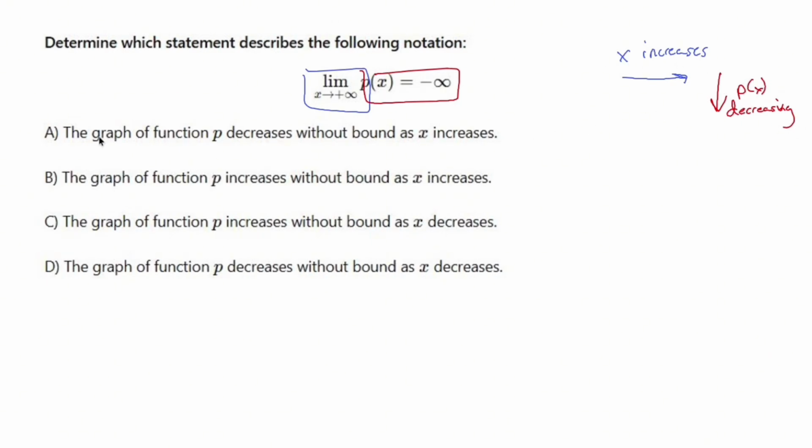So we need the one that says the graph of the function p decreases. So you're solid so far. As x increases is the one that we want. So yeah, this is just a wording problem. This is just vocabulary. But again, this is saying that your graph is going down as x is moving along to the right. So the answer is A.